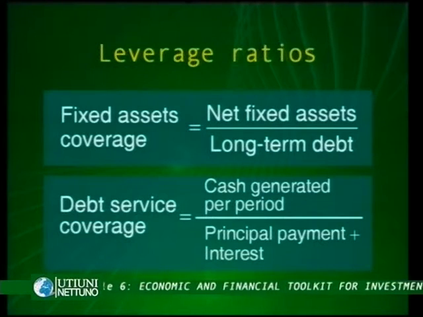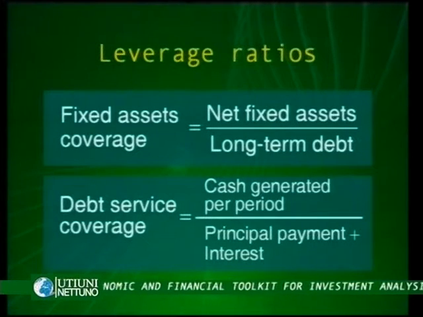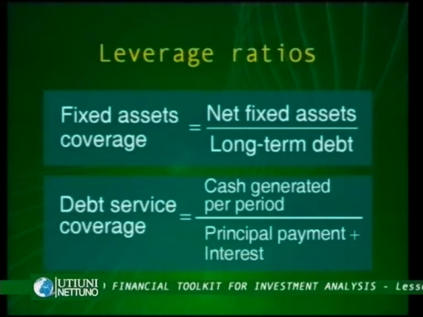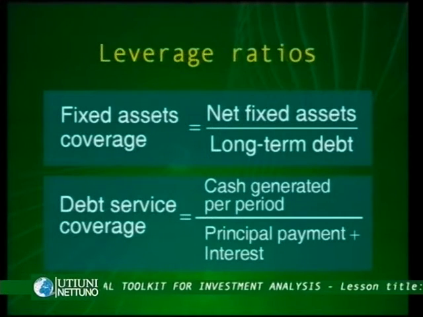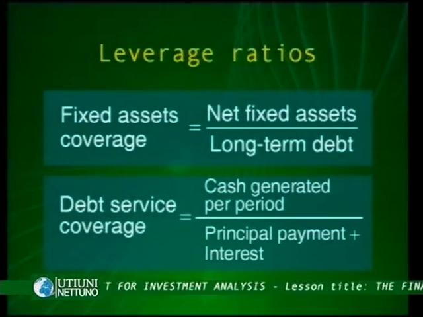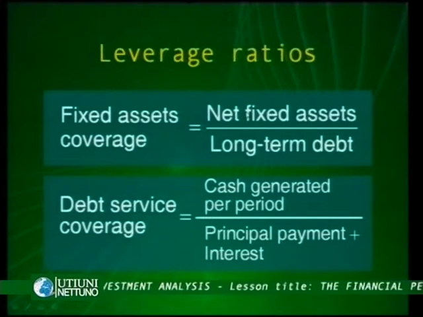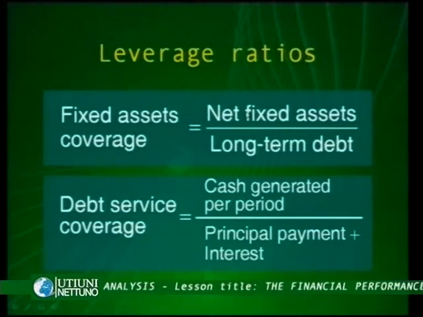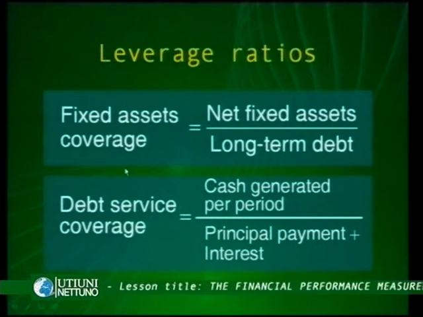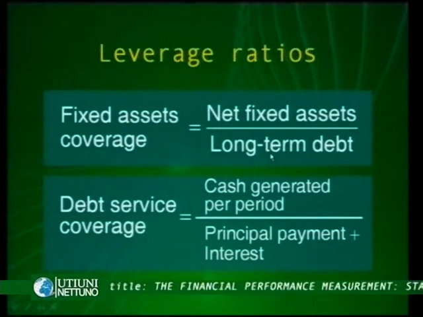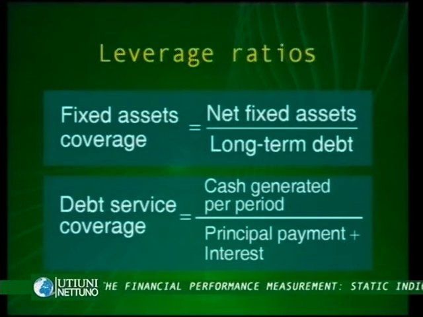So the fixed asset coverage is the ratio between net fixed assets and long-term debt. The word net means simply that fixed assets are taken net of total depreciation, and long-term debt is the financial debt having a maturity longer than 1 year, something that we already discussed in the balance sheet. So this is just to understand whether the long-term debt covers net fixed assets.